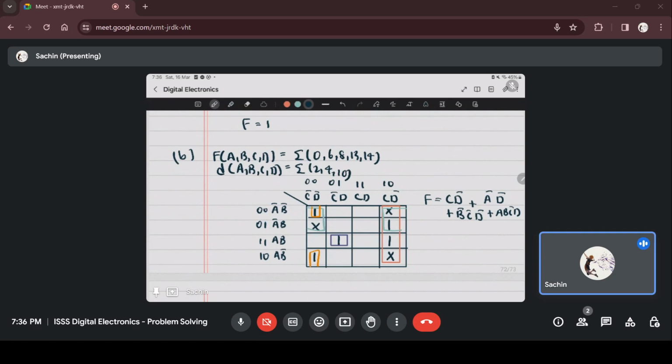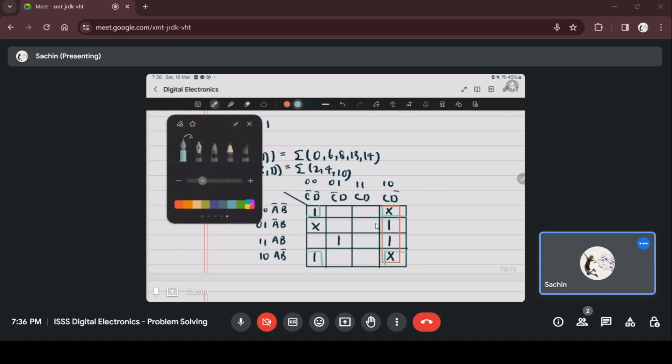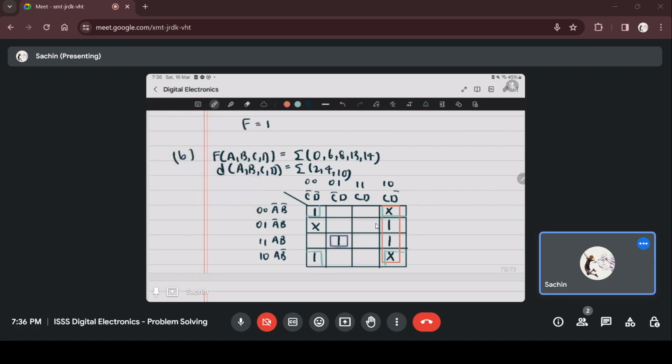Give me a minute, let me check if something is wrong here. Okay, we didn't actually need so many groups. This one and this one can be covered by the same quad, so we don't need two groups for that, but this one is left as is.